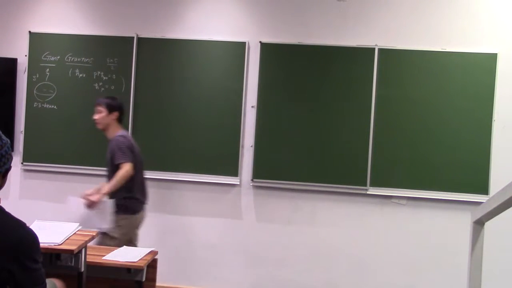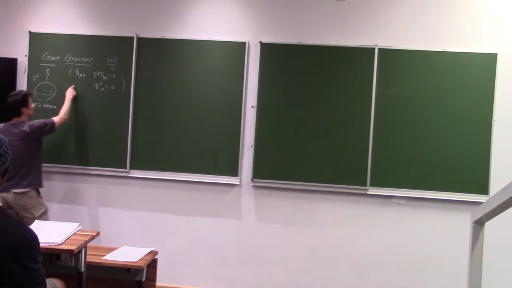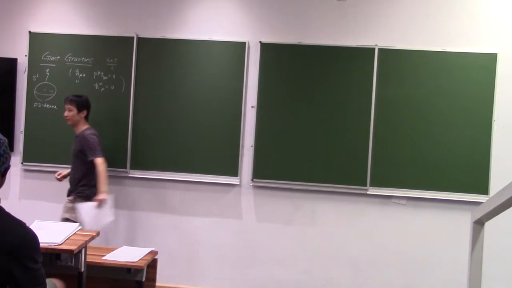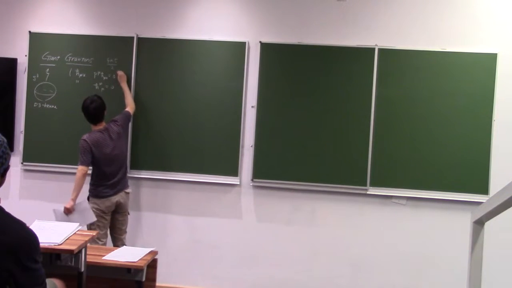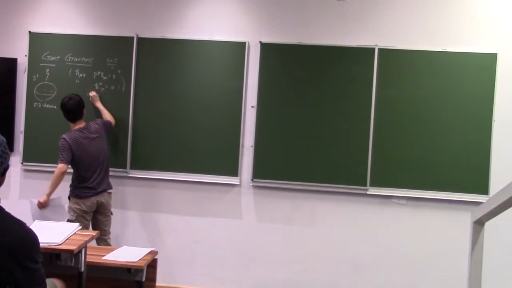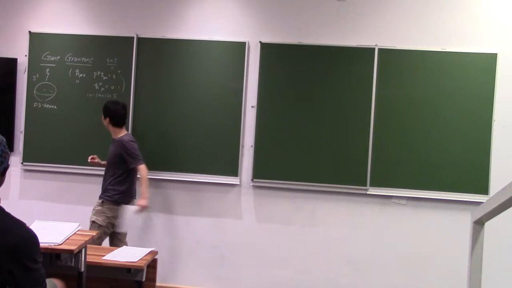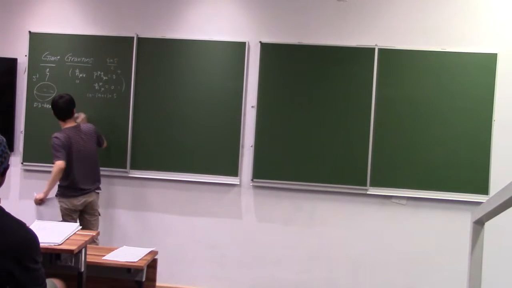Why are there 2 degrees of freedom for gravitons? So you have 10 here, and then you have 4 constraints, and you have 1. So far what you got is 5, but there's a redundancy.